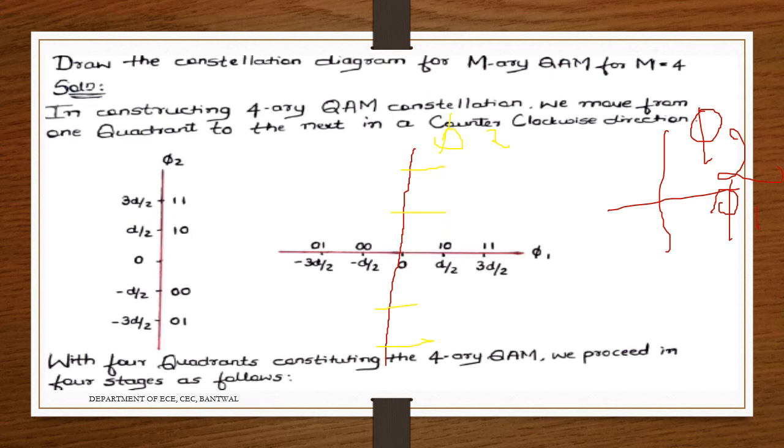So how do we calculate this, for M equal to 4? I need it for 4 quadrants. This is the first quadrant, this is the second quadrant, this is the third quadrant, and this is the fourth quadrant. So I need to multiply with these values, with these points.